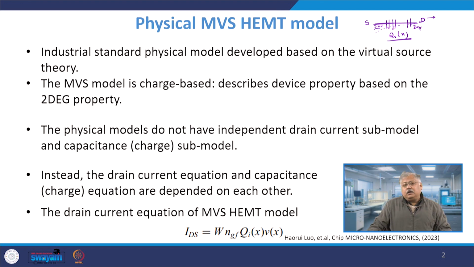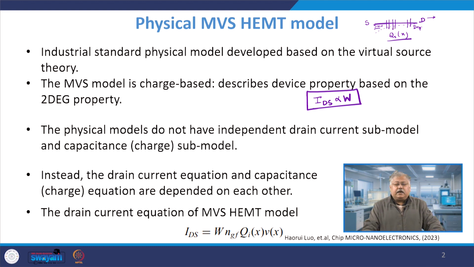In most of the models which you will see otherwise, the current is sometimes shown as the drain current normalized with respect to the width of the charge carrier. So the width does not come into the picture in a decent form. However, if you can see here, the current actually is directly proportional to the width of the charge carriers, right? Where W is the width, and therefore IDS is directly proportional to the width.